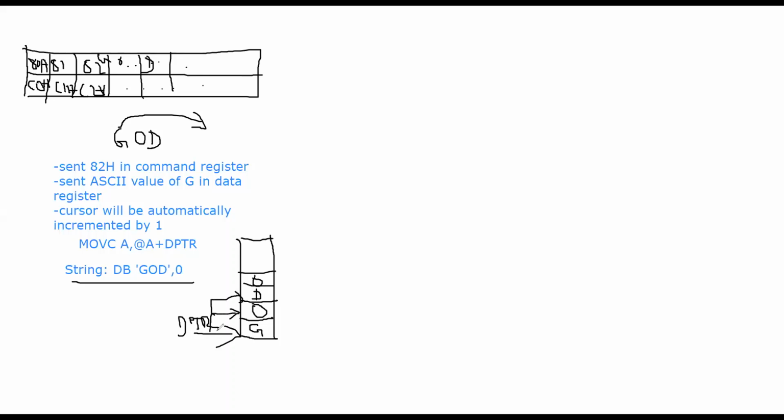It continues until the data reaches 0. If it is 0, the program will stop. That's why there is a 0 here. It checks whether the program should end, whether the LCD has displayed everything. So at the end we put 0.